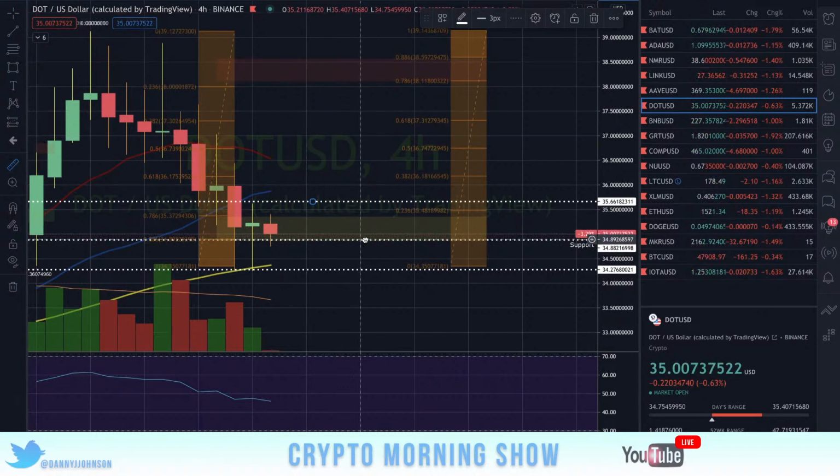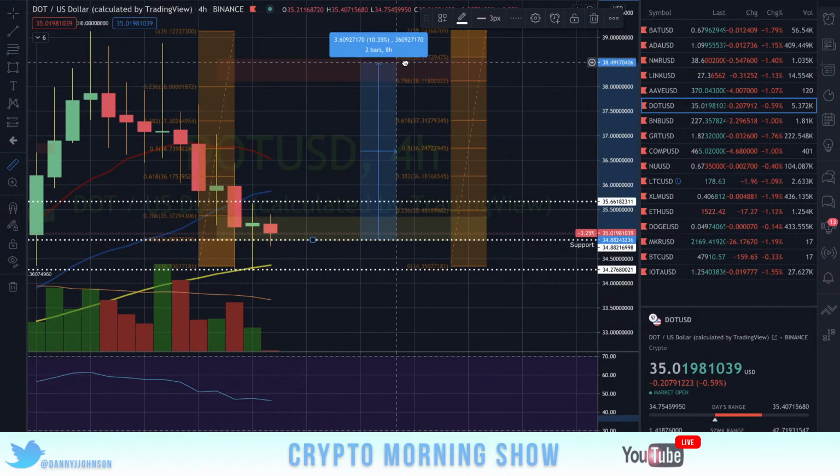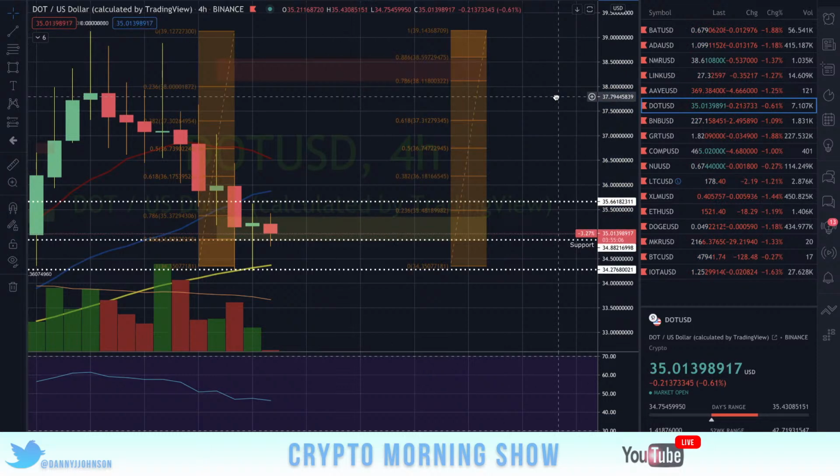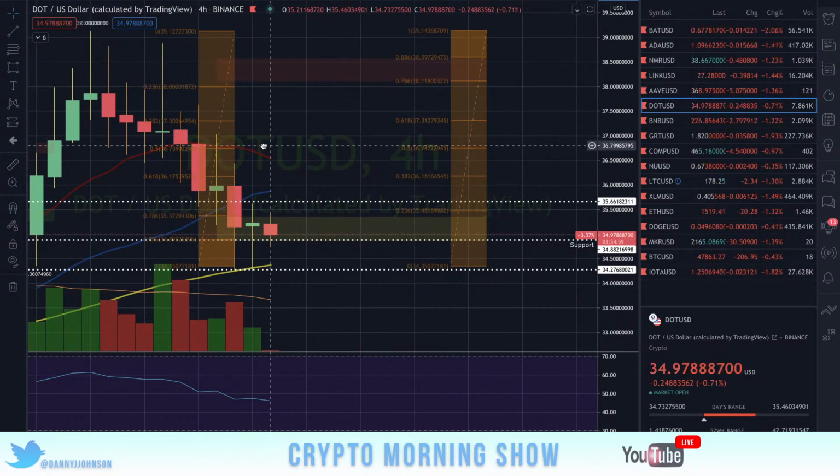So basically, if you're in this trade, somewhere around 10% gain if things go our way. So we do have the 100-day moving average underneath, watching the 12 and 26 to kind of converge coming up.